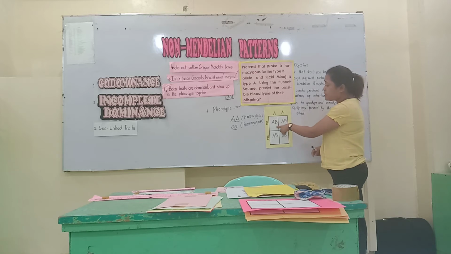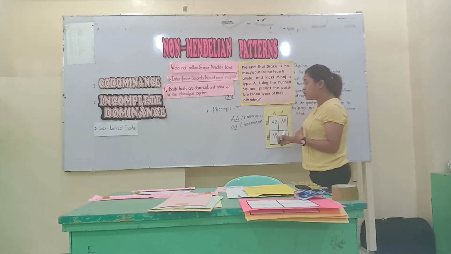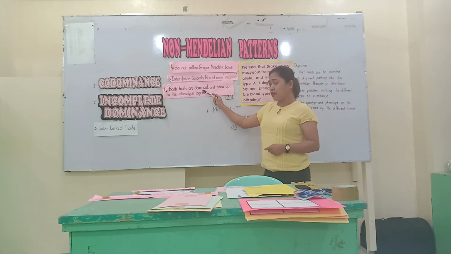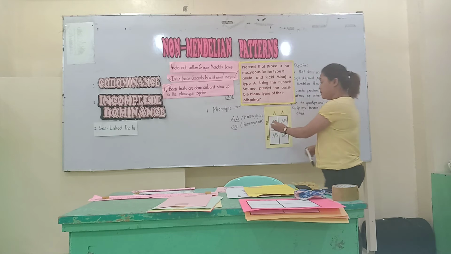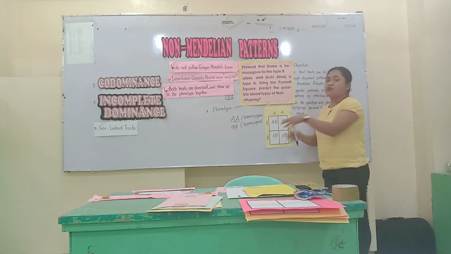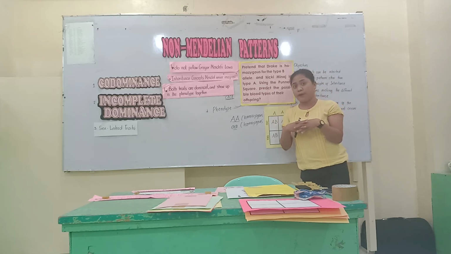So this blood type AB is an example of codominance. Okay, in which both traits or both nga traits dominante o ni-show up ang phenotype together. Okay, si A o si B. Okay? So I hope nga nakasabot mo sa codominance nga non-Mendelian principle or pattern.